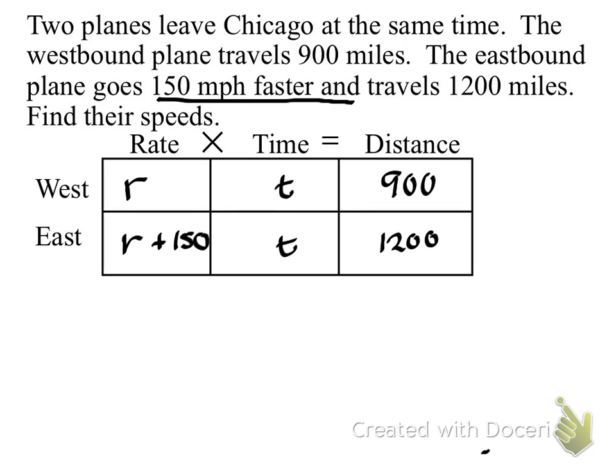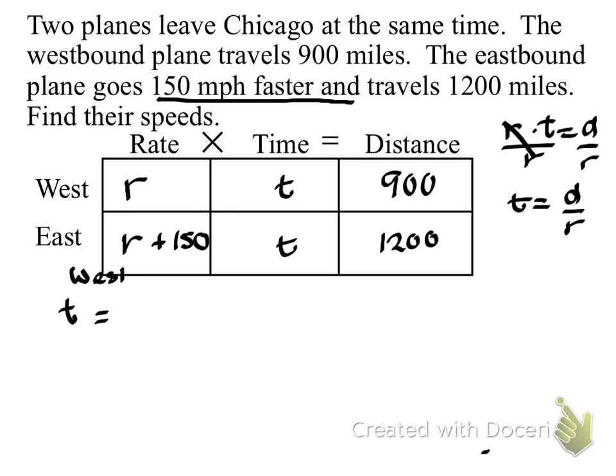Now, remember how we do rate times time equals distance? Well, since time is all on its own, can't I just divide by R, divide by R? Isn't time also equal to distance over rate? So if time equals, on the west, the time is equal to 900 over T. You with me?